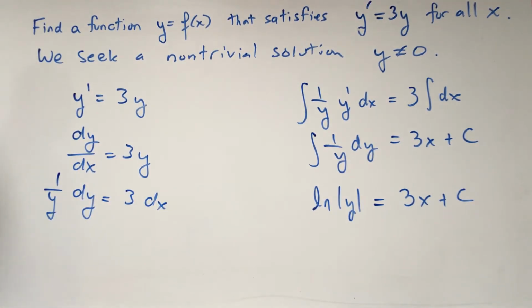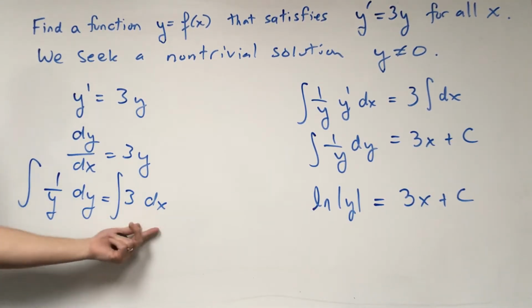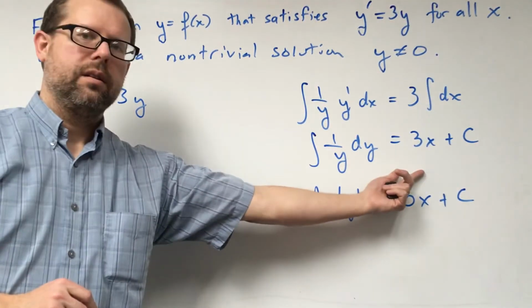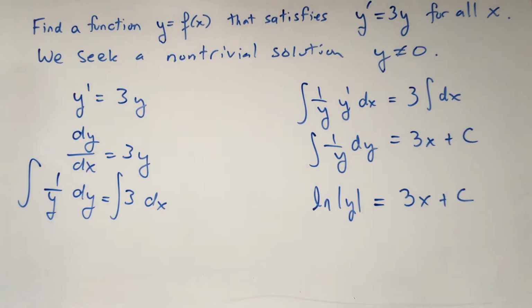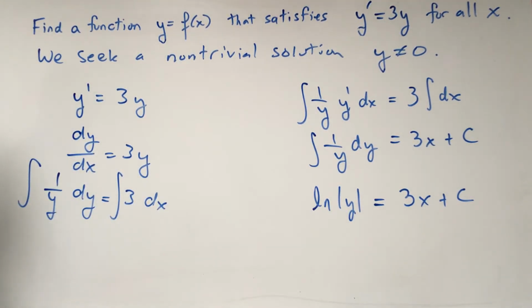Now, this is where we mathematicians are happily abusing notation in a way that we've told students never to do. dy dx is not a fraction. And yet, as long as we've got the integral in there, the differentials dx and dy will make sense in this context. And this is a way that it's typically written. Regardless, we're going to end up with natural log absolute y equals 3x plus c.